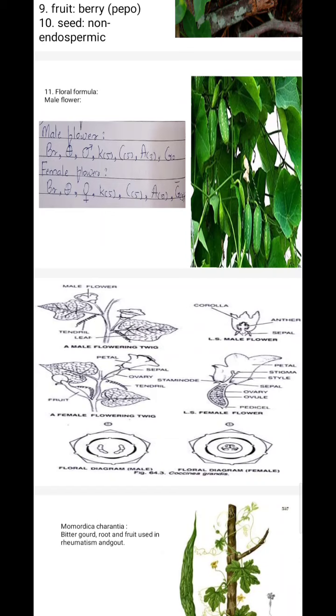Below the ovary there are sepals, then some staminoids are present. On that there is the style and stigma, and surrounding it the petals are present. So the floral diagrams of the male and female flowers will be separate.